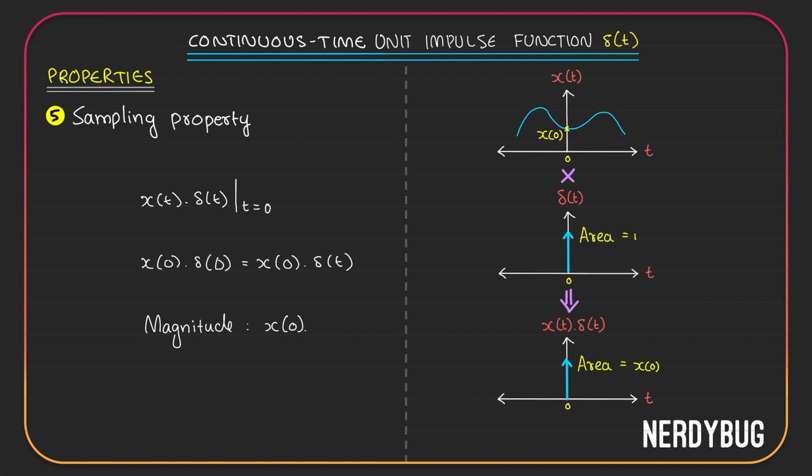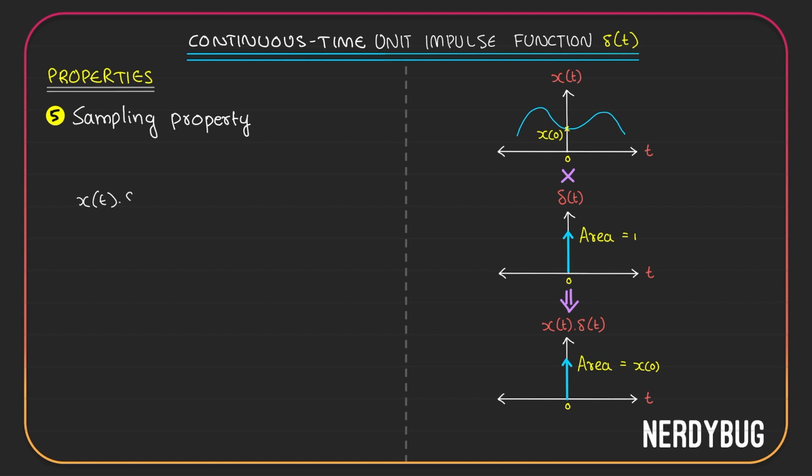So finally we get an impulse at 0 and its area is going to be x of 0, or we can say the magnitude is going to be x of 0. Let's write this mathematically. So I can write x of t multiplied by delta of t. This is going to be x of 0 delta of t in case t is equal to 0. And it is going to be 0 when t is not equal to 0.